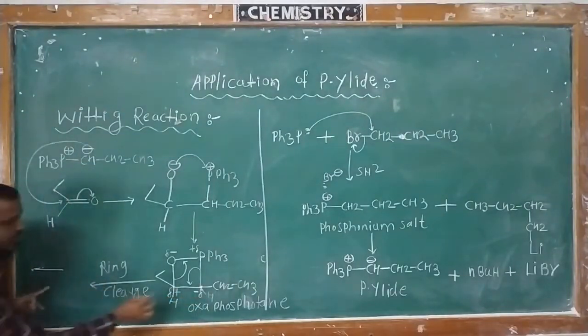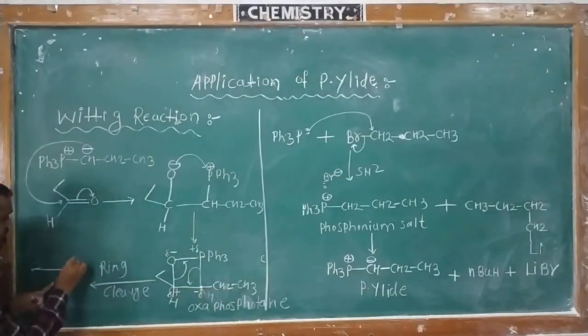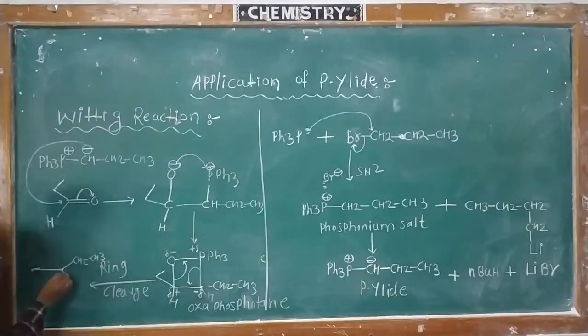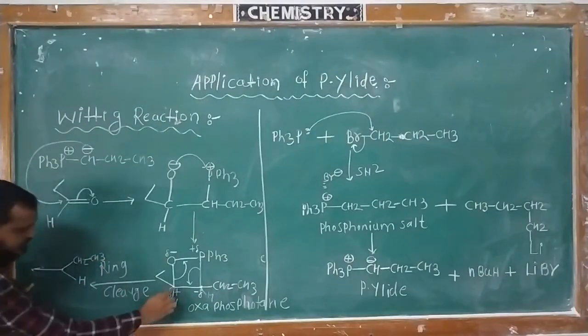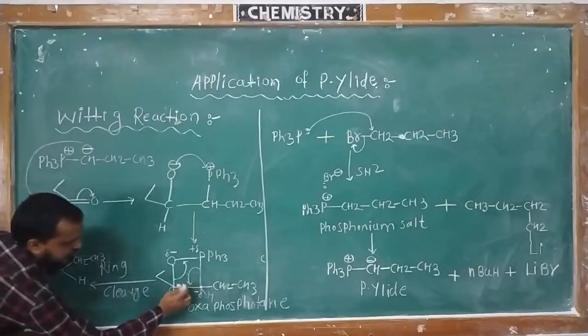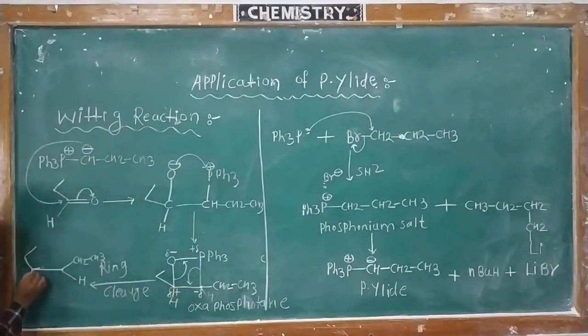It has a CH2 CH3 group and hydrogen. This carbon has one hydrogen and one CH2 CH3 group. And this bond shifts toward the carbon-carbon, so here one pi bond will be generated, and this is our final product, alkene.